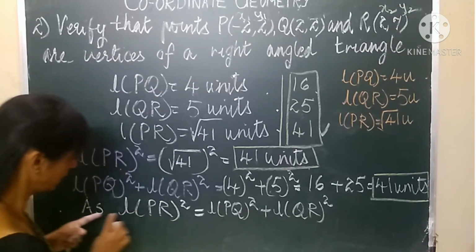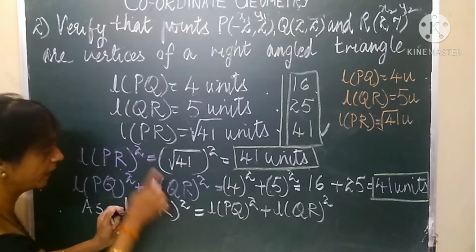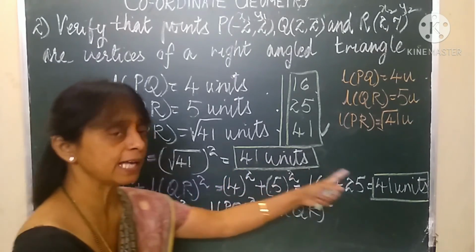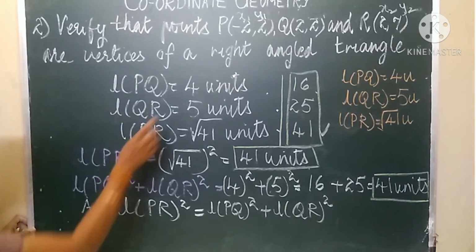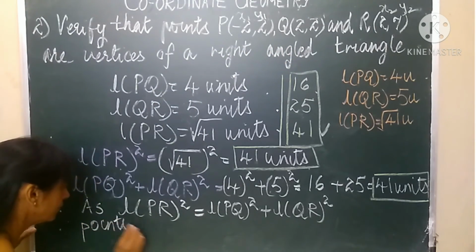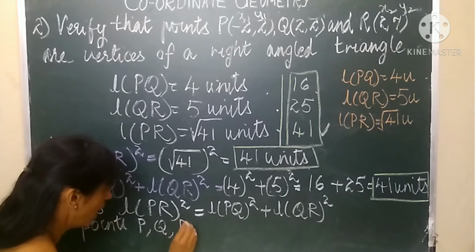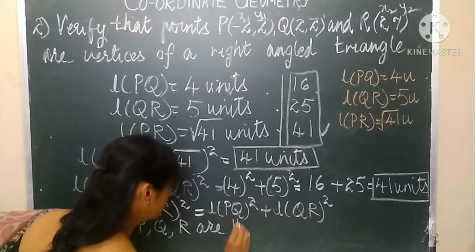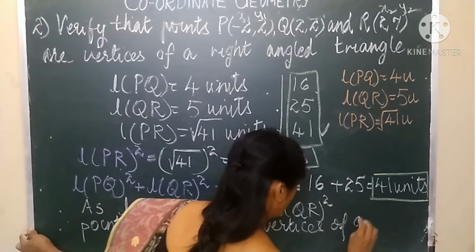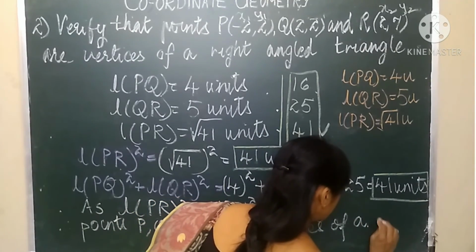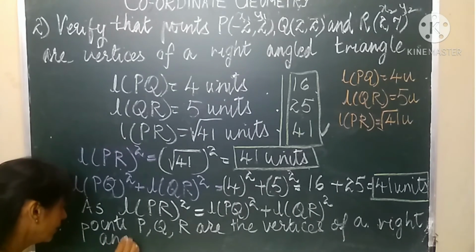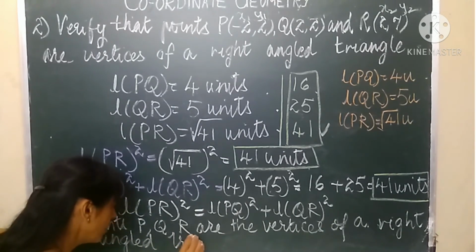Once again I repeat, what are we concluding? As length PR square is equal to length PQ square plus length QR square. Why are they equal? Because the answers are equal. Therefore, points P, Q, R are the vertices of a right angled triangle.